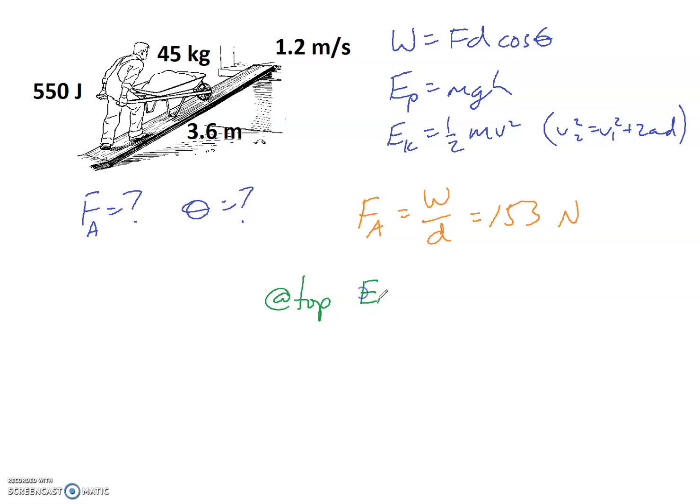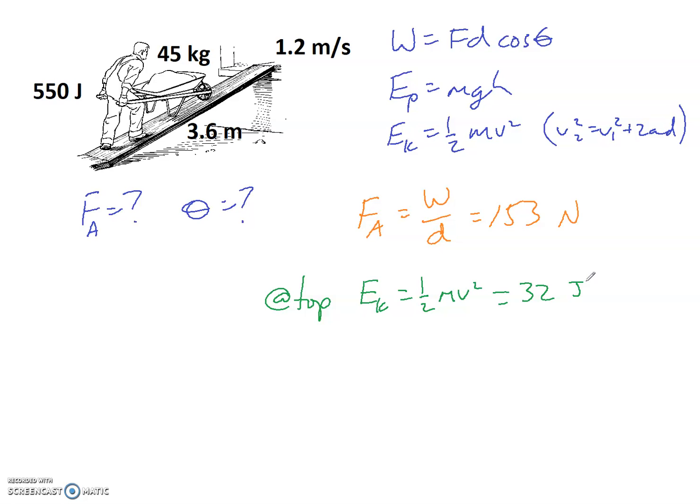If I find my kinetic energy, 1/2 mv squared, I've got my 1/2, my mass of 45, and then a speed of 1.2. Don't forget to square it. And my kinetic energy at the top is around 32 joules.